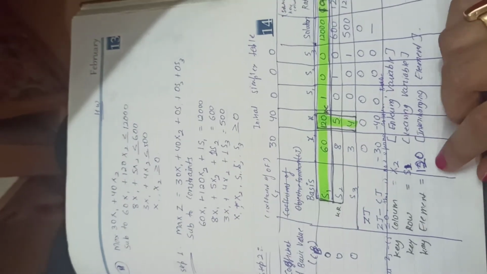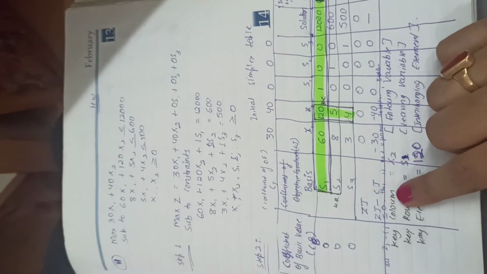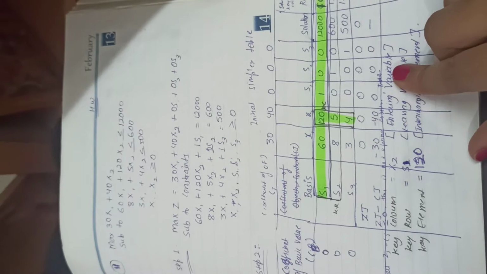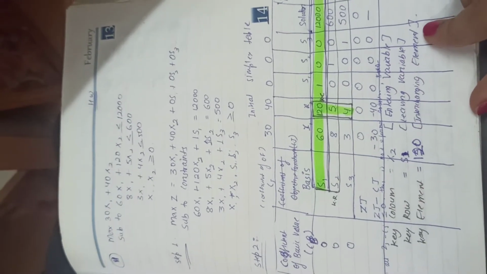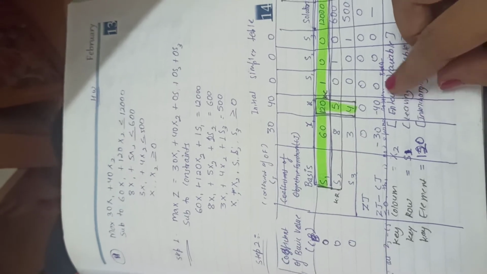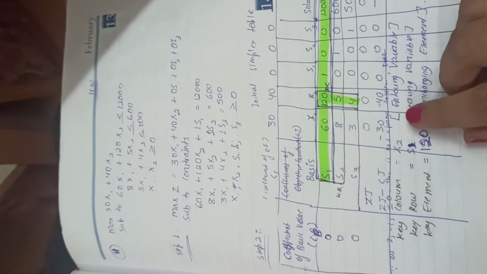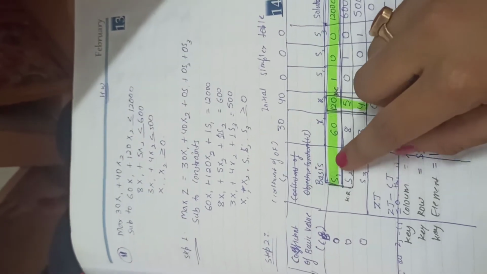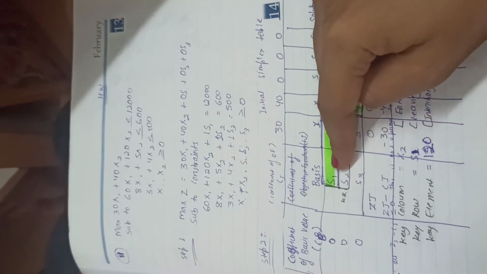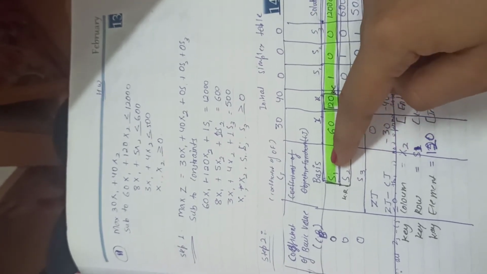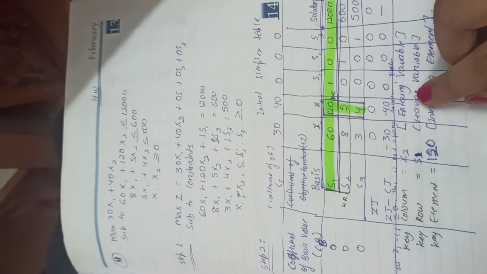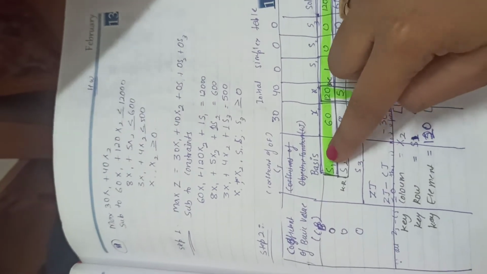Now the key column is always the entering variable, the key row is the leaving variable, and this is the interchanging element. What do we mean by leaving and entering variable? Here we have s1 as the key row, so this will be leaving. That means in the next table we are not writing s1.